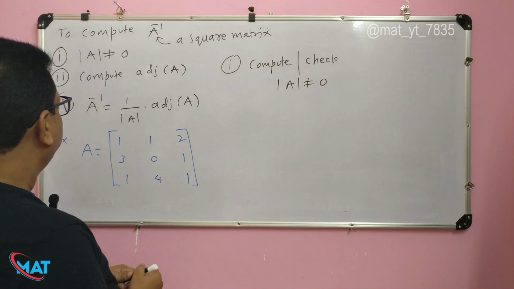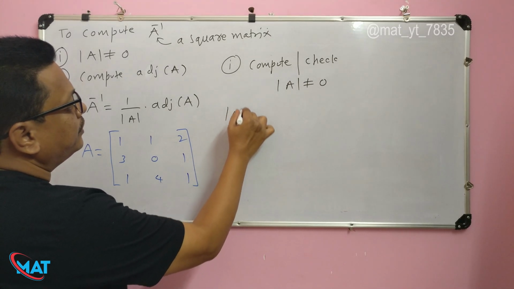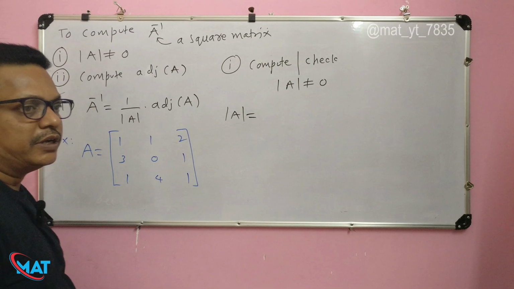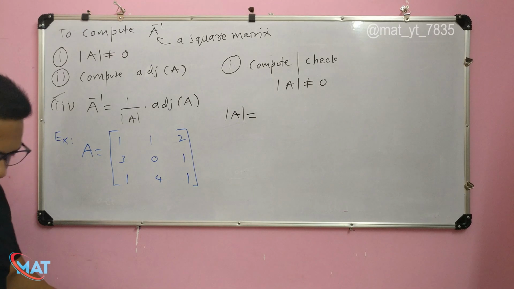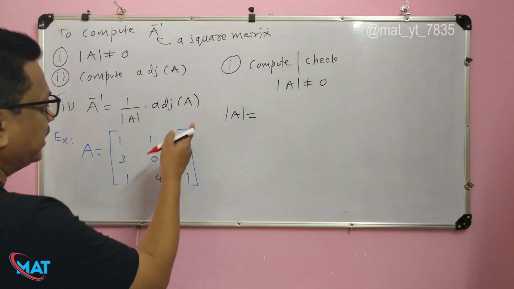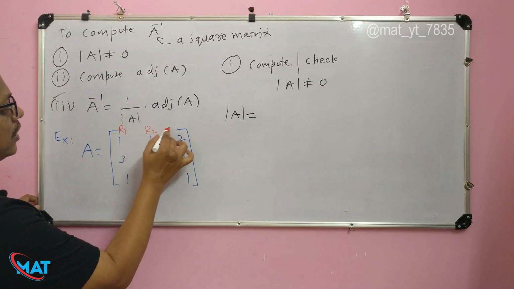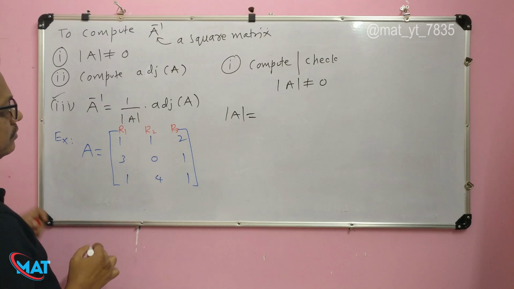So I already gave you the method to find det A. In the previous video, I gave the formula directly. You can take any row or column of your choice, but don't take diagonal elements. That indicates R1, R2, R3.